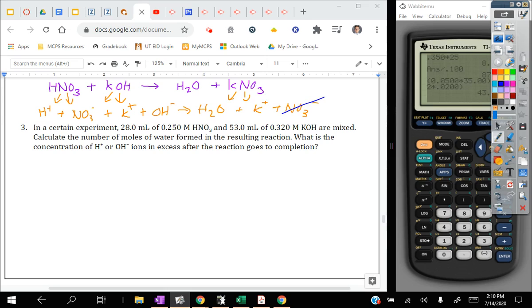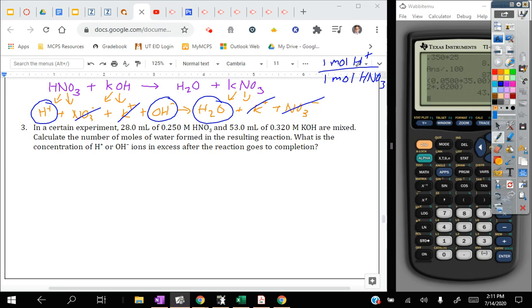Talking spectators, NO3 and K plus are going to go away, and I'm left with H plus and OH minus gives me water. That essentially is my net equation, but I can tie my molarity of HNO3 to H plus because it's a 1-to-1 ratio. You have 1 mole of H plus for every 1 mole of HNO3.